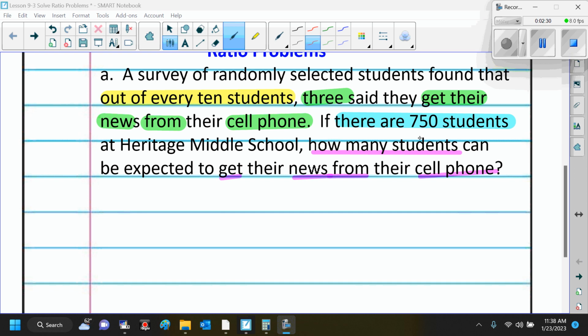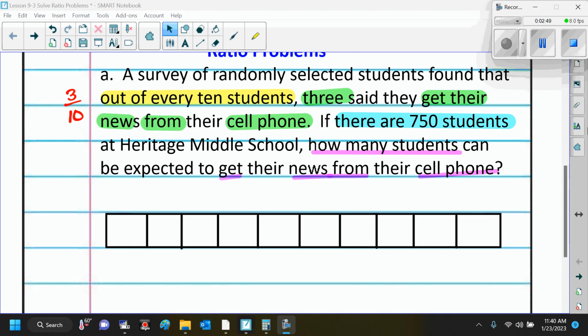So it says out of every 10 students, 3 get their news from cell phones. So the ratio is 3 to 10. Is everybody clear with that? So that means we want to have 10 boxes in our bar. Okay? So there we have the total, 10. See, 1, 2, 3, 4, 5, 6, 7, 8, 9, 10.